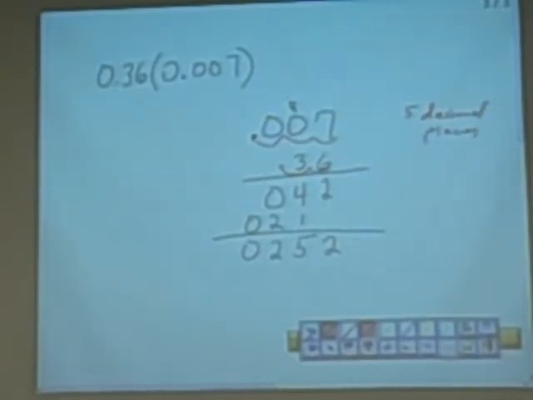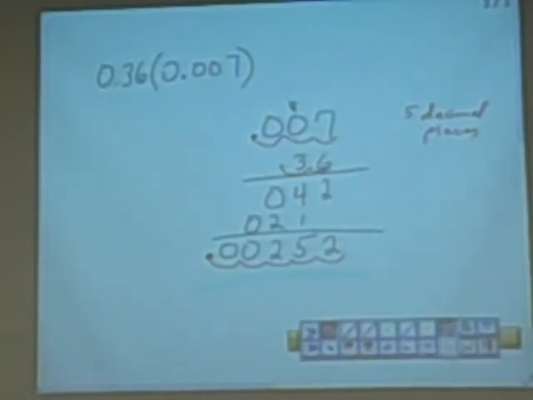Okay, so we're going from the 2, going 1, 2, 3, 4, 5. So we need another 0. So just add a 0. Does that help? Alright, good.